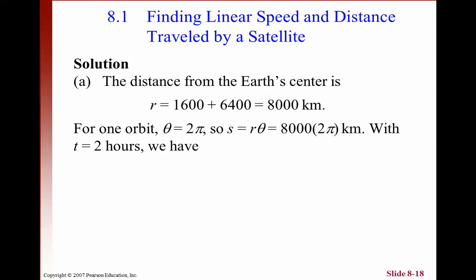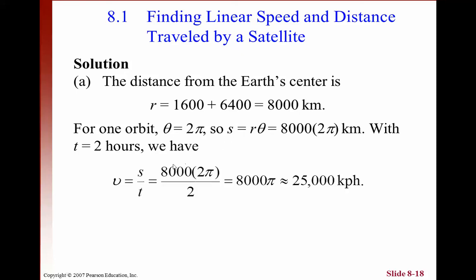For one orbit, theta equals 2 pi. So s equals the radius, 8,000, times 2 pi, and t is 2 hours. So our theta is 2 pi, our t is 2 hours, and our s is 8,000 times 2 pi.